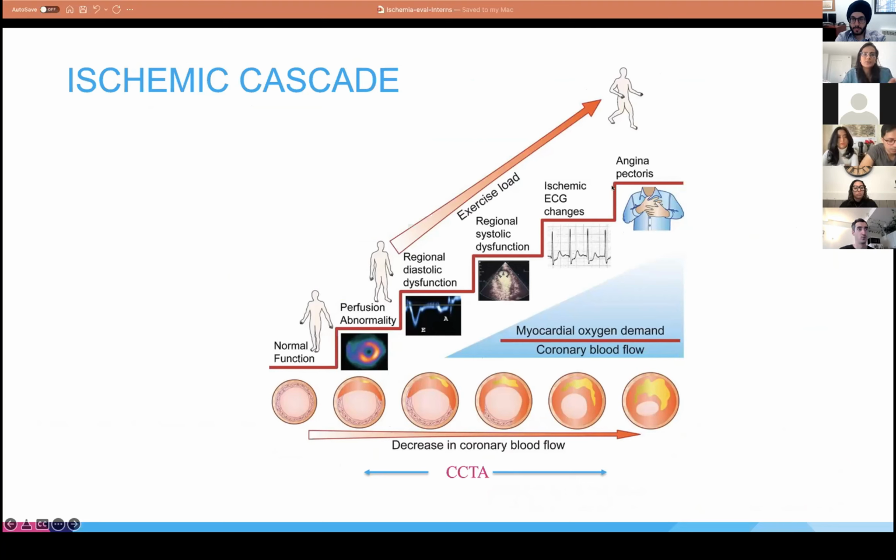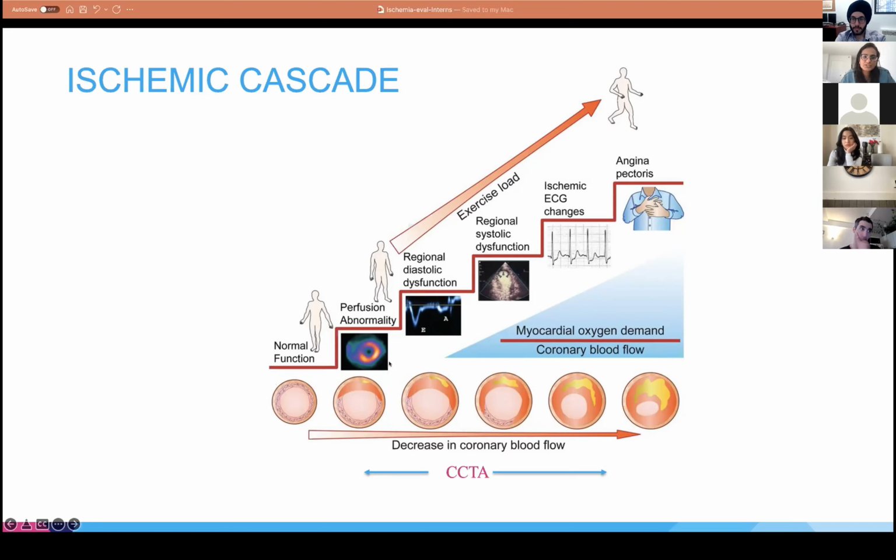Sorry, I should rephrase this. Whenever there is ischemia, or decreased blood supply to the heart muscle, these are the sequence of events that occur in the patient.